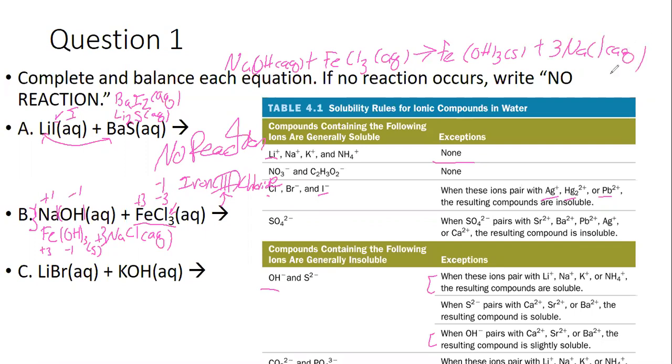That's your answer. You don't need any of the charges above like I wrote. Oh, sorry, I forgot to balance. 3. There we go. So you don't need any of the charges above your molecules like I have down here. That's just for making sure you have the equation right, and that's for just checking yourself. The actual answer would be that though.